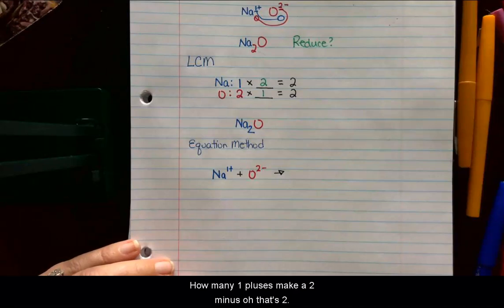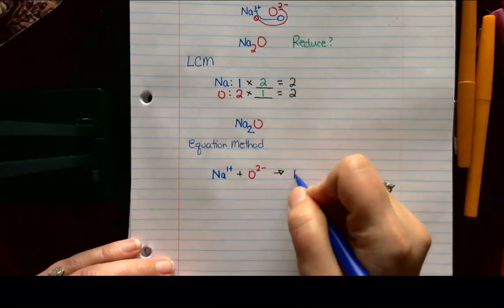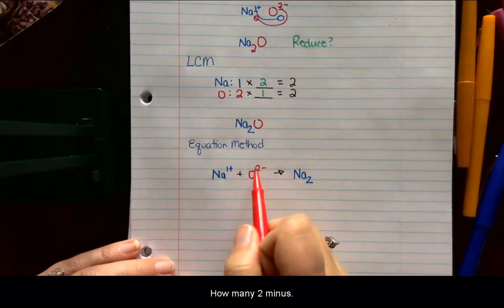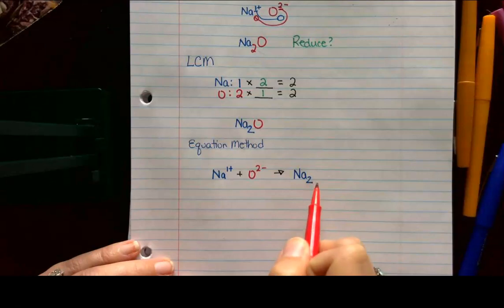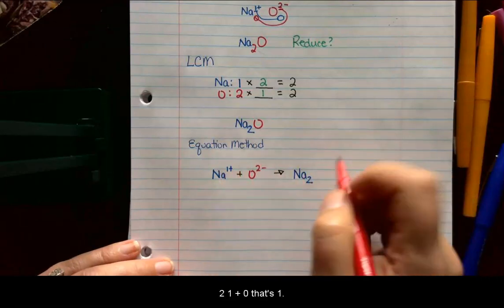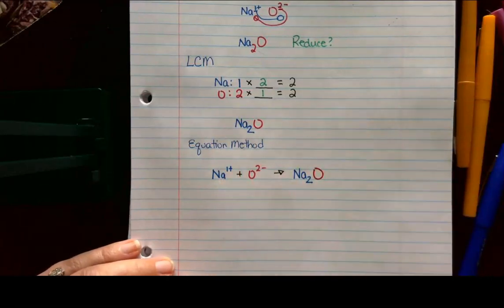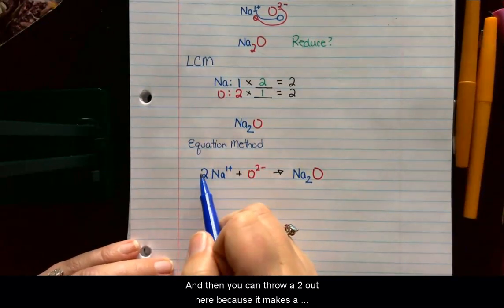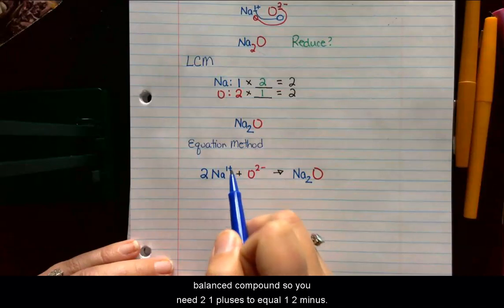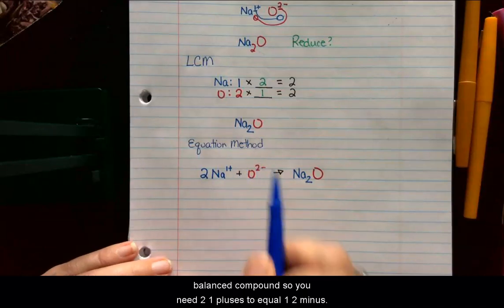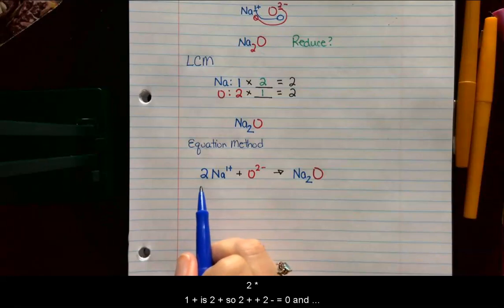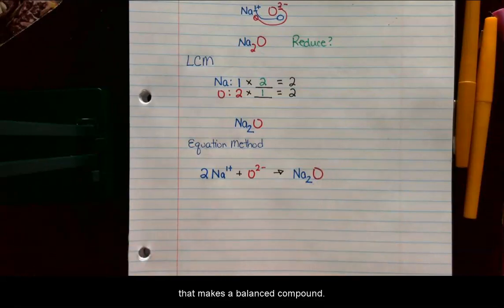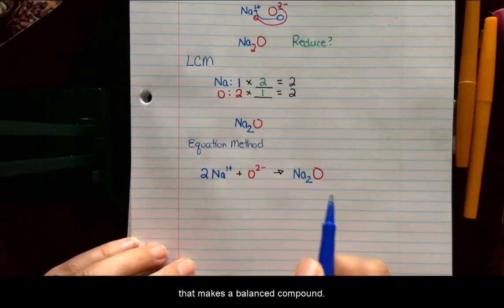Oh, that's 2. So it becomes Na2. How many 2 minuses make 2 1 pluses? Oh, that's 1. And then you don't need to write a 1 out here because it makes a balanced compound. So you need 2 1 pluses to equal 1 2 minus. And 2 times 1 plus is 2 plus. So 2 plus and 2 minus equals 0, and that makes a balanced compound.